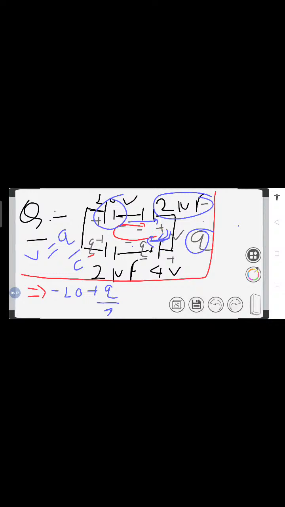So we will take minus 4 volt, and again when we come to this capacitor, it will be minus to positive, so we take plus Q upon 2, equal to 0. When we solve, we will get minus 16. Okay, I am deleting all.